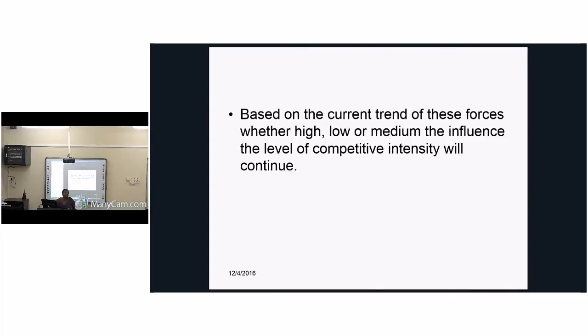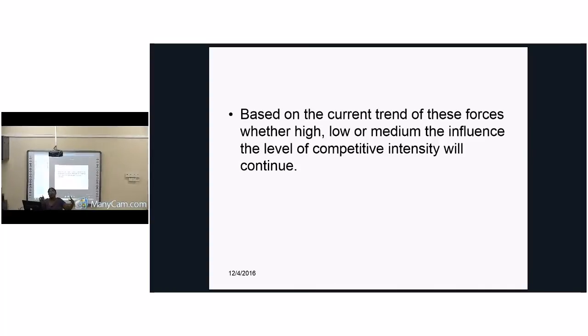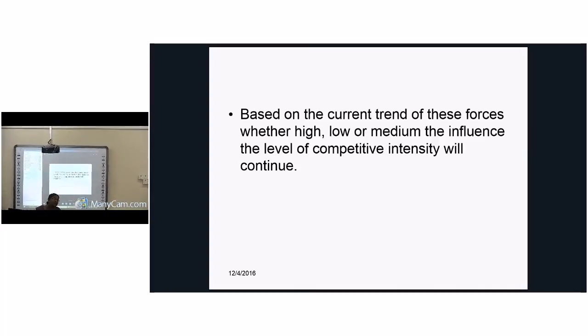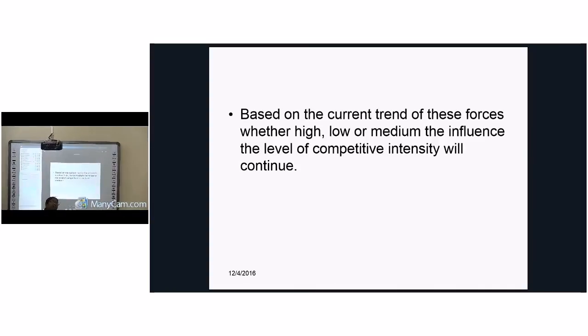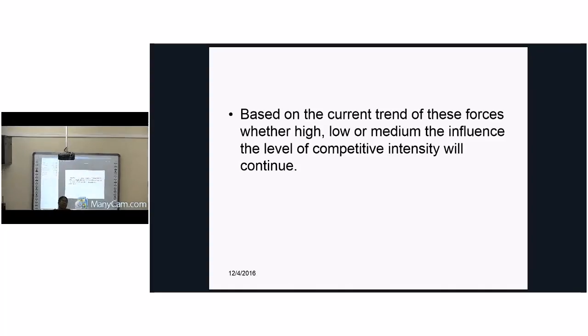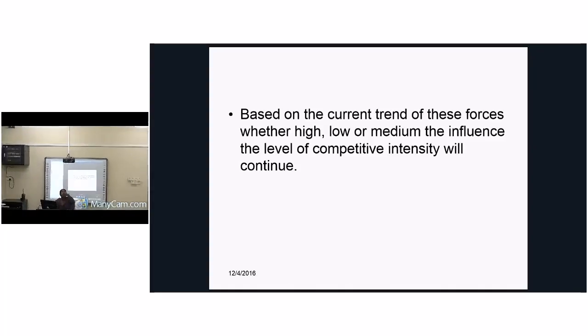If the power of the 5 forces is higher than the industry, then the industry will collapse. The competitive intensity will collapse if the pressure of these 5 forces is higher than the industry average. Understood?